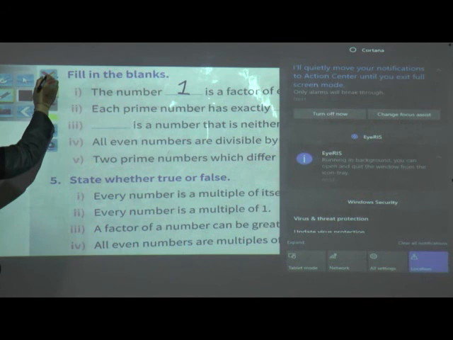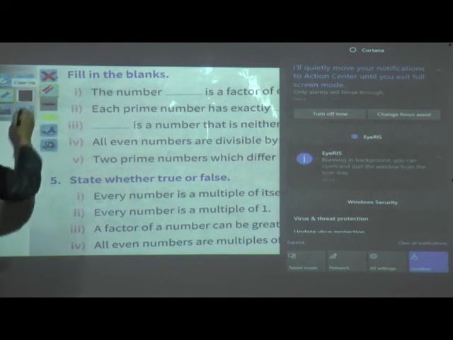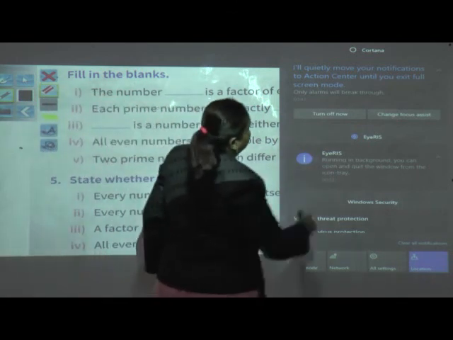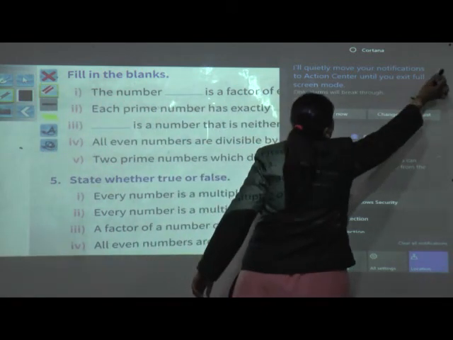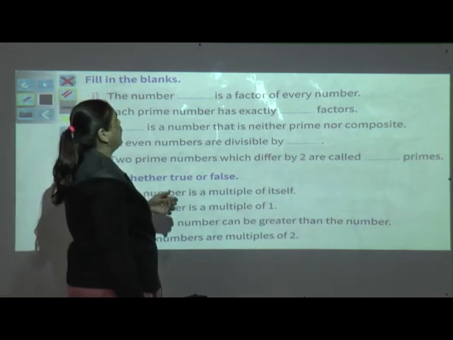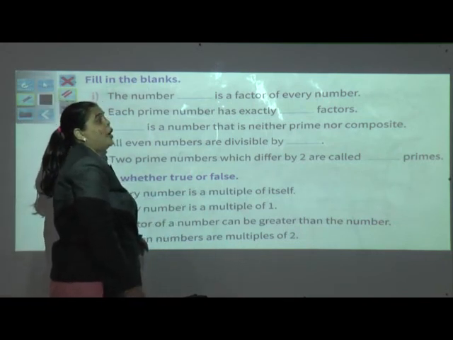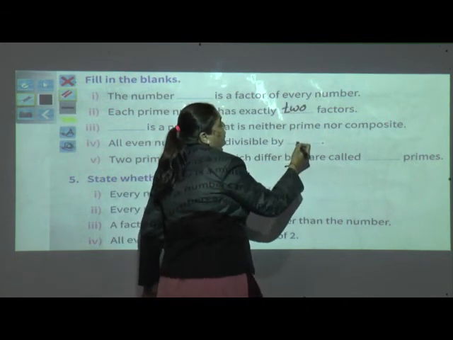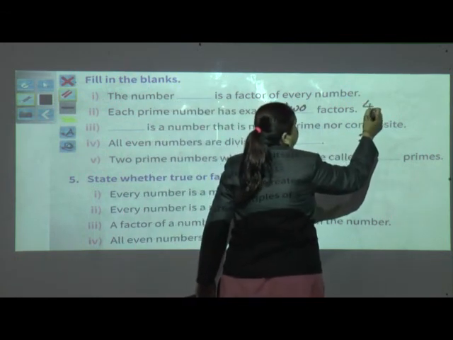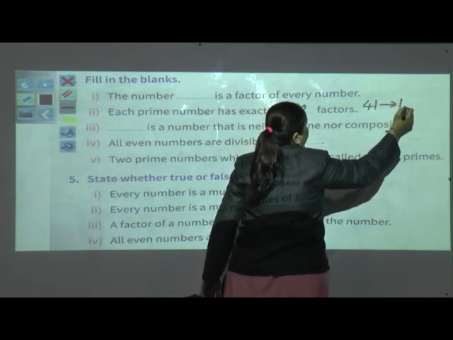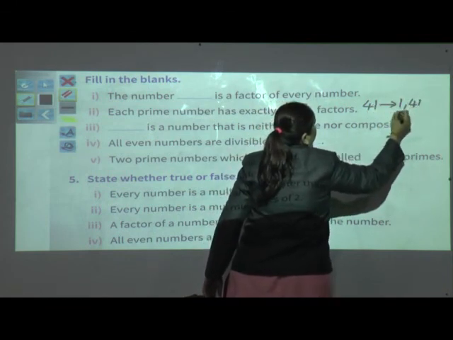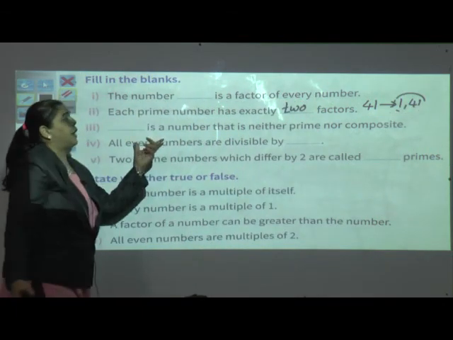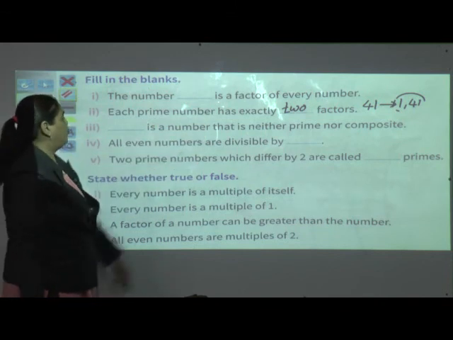So prime numbers have exactly how many factors? 2 factors, when we have any prime number. Suppose we take 41. The factors of 41 are 1 and 41. So how many factors do we have? We have 2 factors. So we can say prime numbers have exactly 2 factors.